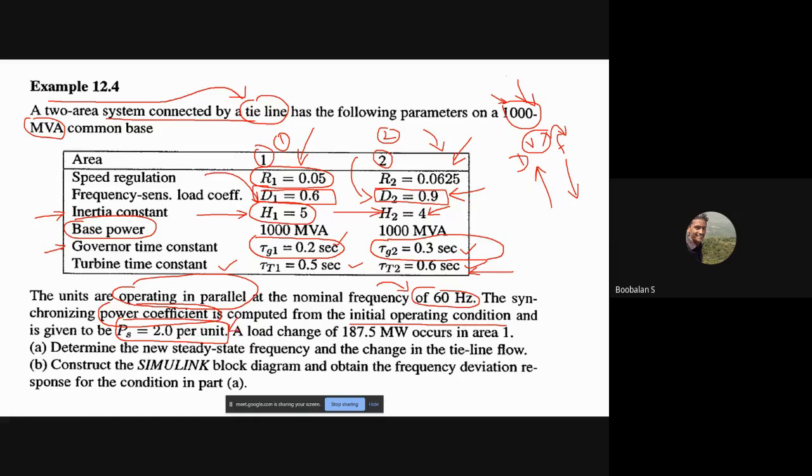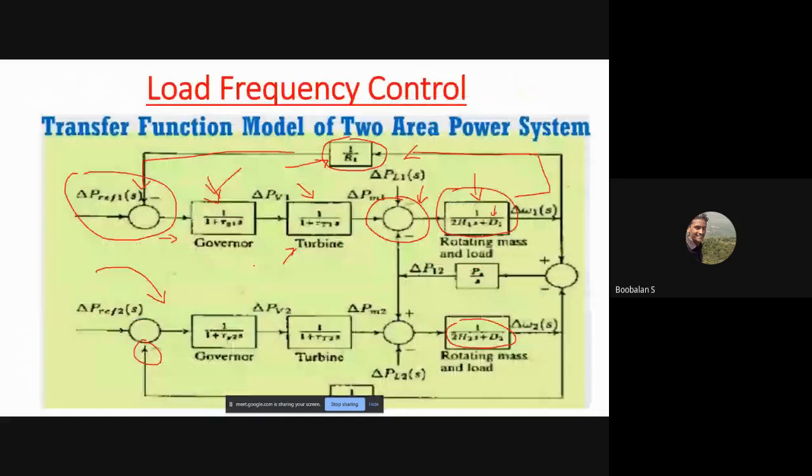We are going to connect the two area power system with a tie line. You could see this is the tie line. Delta P12 denotes the power flow, the change in power flow from 1 to 2. In the same way, the change in frequency in area 1 and change in frequency in area 2.